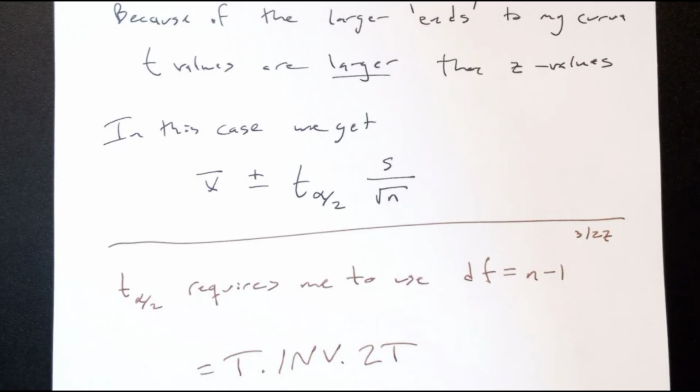Two tails. Because I'm thinking about being inside a region, I'm thinking about the left end and the right end as being the bad parts. So I split the bad area into two pieces.